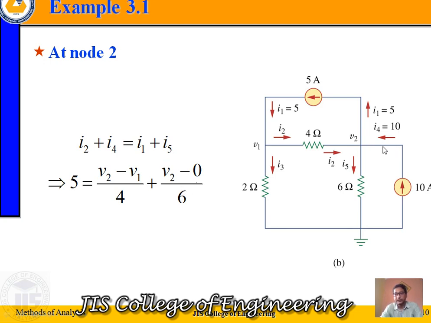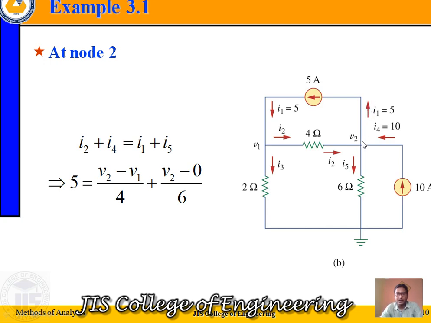Similarly, the I4 current branch has a current source. So I4 has the same value as that current source, which means I4 is equal to 10 ampere.